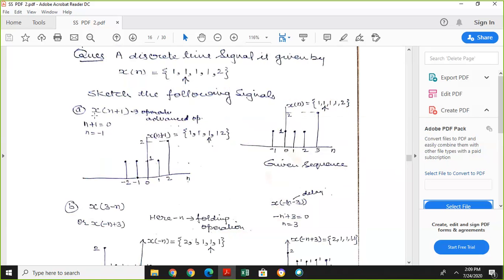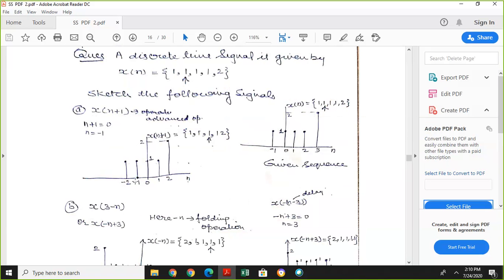For this, what to do? Set n plus 1 equal to 0. It means that n is equal to minus 1. This original signal is shifted towards the left side by 1 unit. Here what will happen, minus 1 and minus 1 is minus 2.